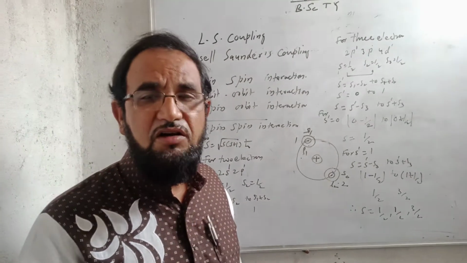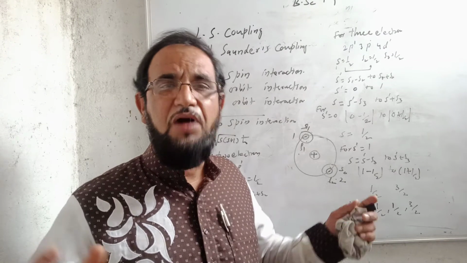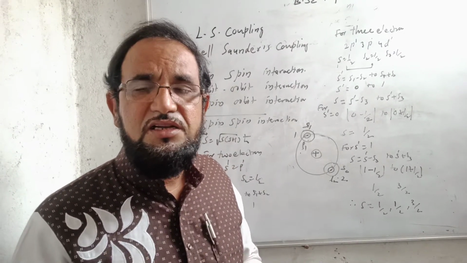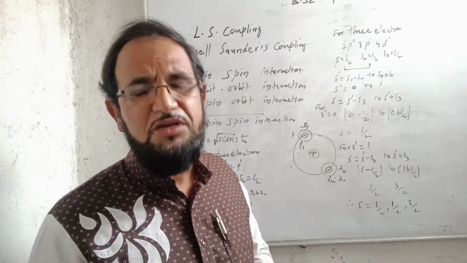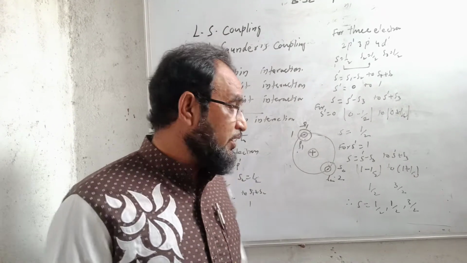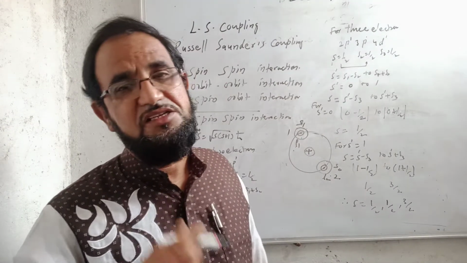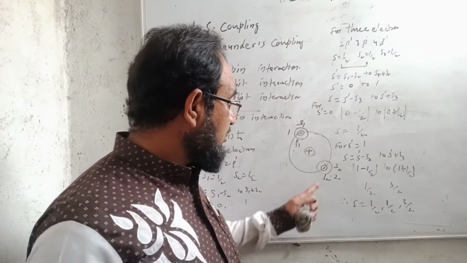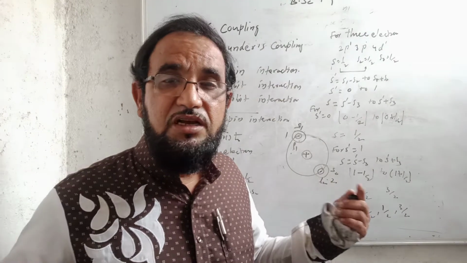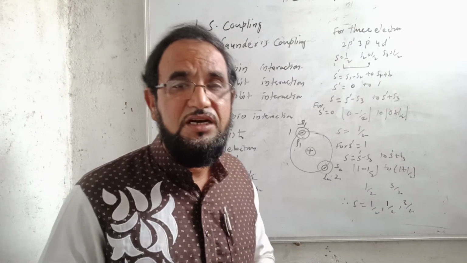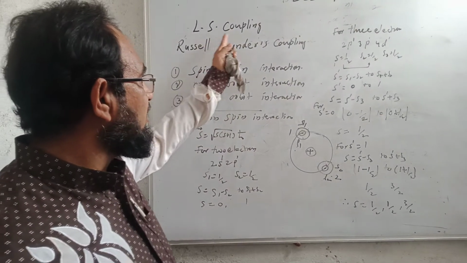Then orbital angular momentum will combine together and form the total or resultant orbital angular momentum, and the resultant of the spin and the resultant of the orbital angular momentum will combine to form the total angular momentum of the electron, and it is studied in the LS coupling.